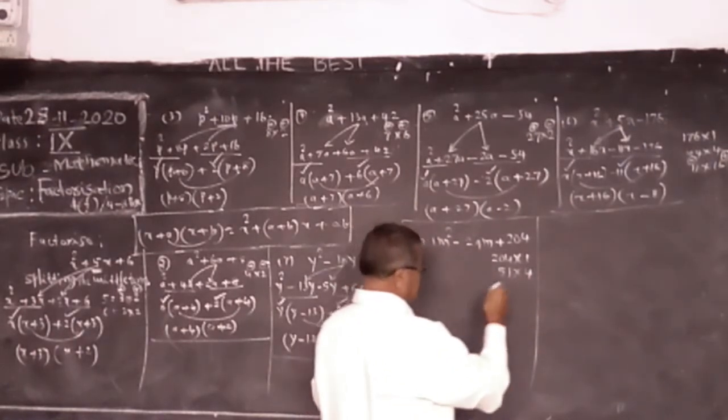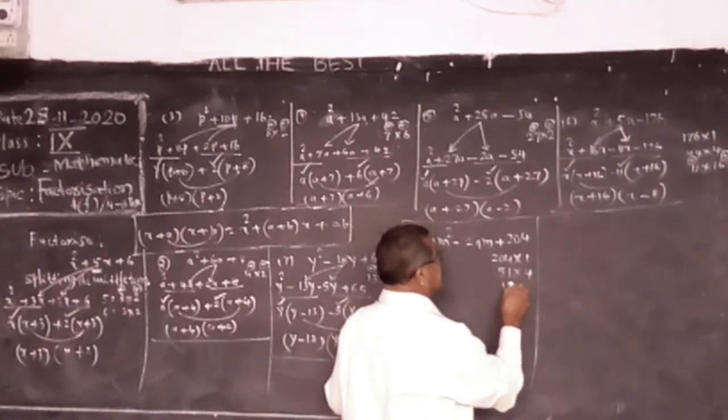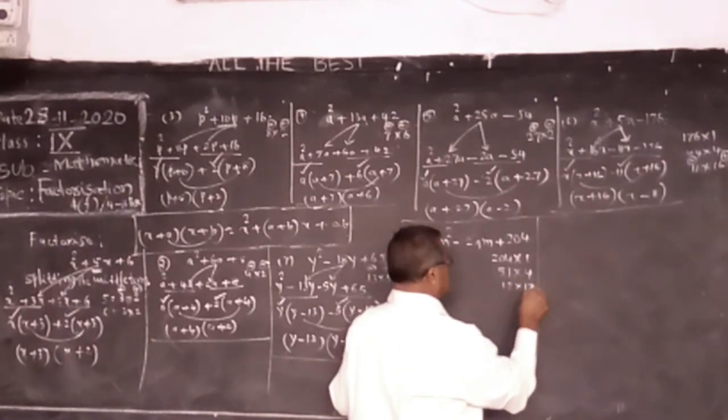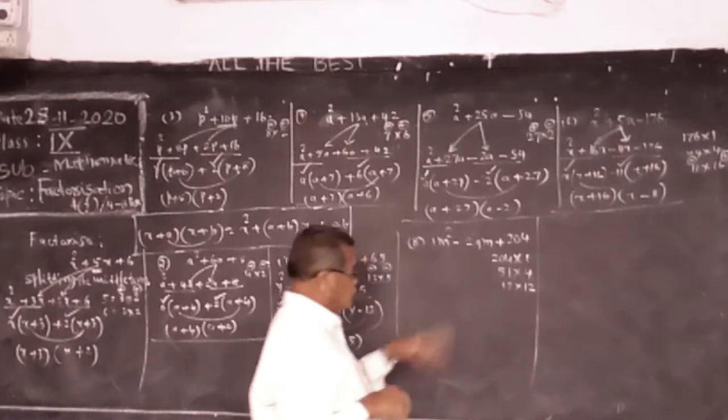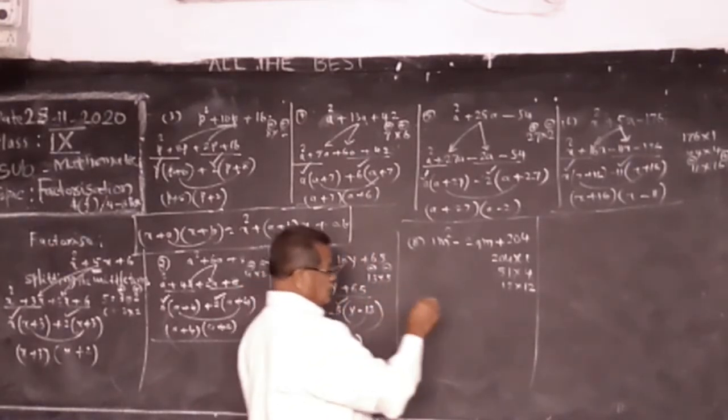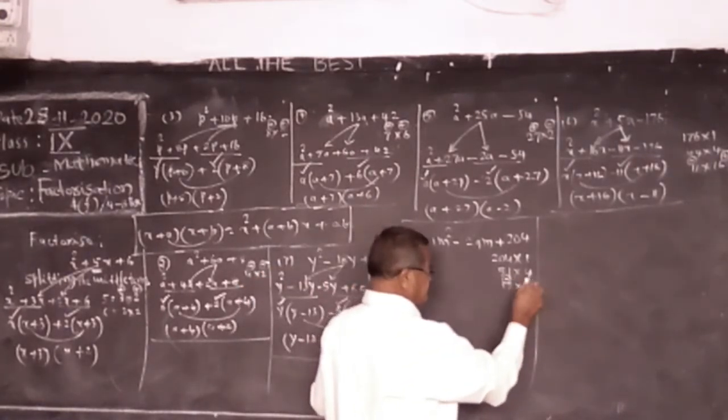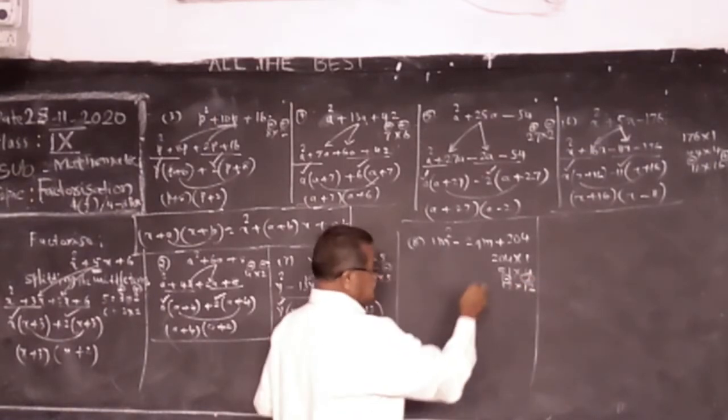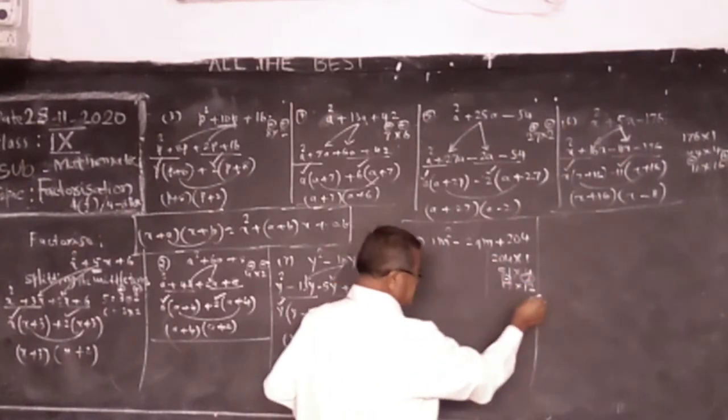If you divide this by 3, 3 17s are 204, 3 fours are 12. 17 and 12, both are minus, we can add. So you split the middle term like this.